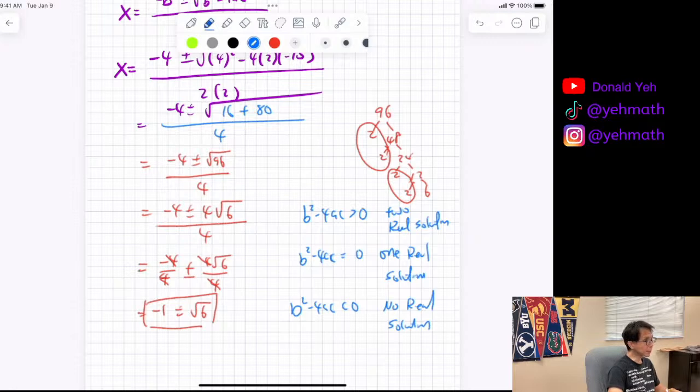There are two complex solutions, right? We talked about it the other day, and we ended the day with this. Two complex solutions. What does that mean? That means you don't have real solutions. You have two complex numbers.